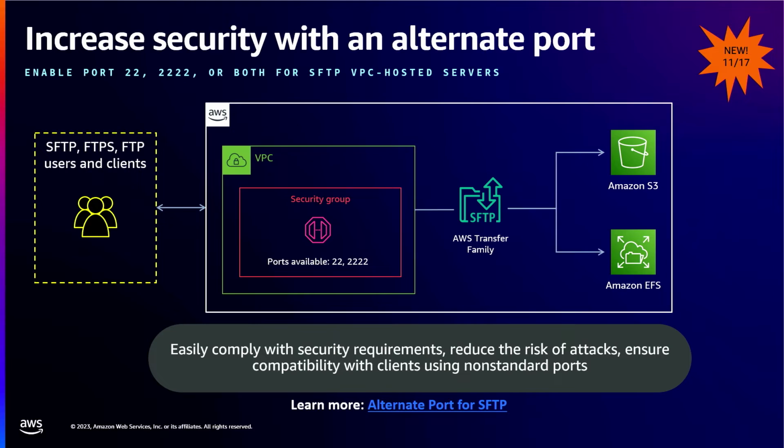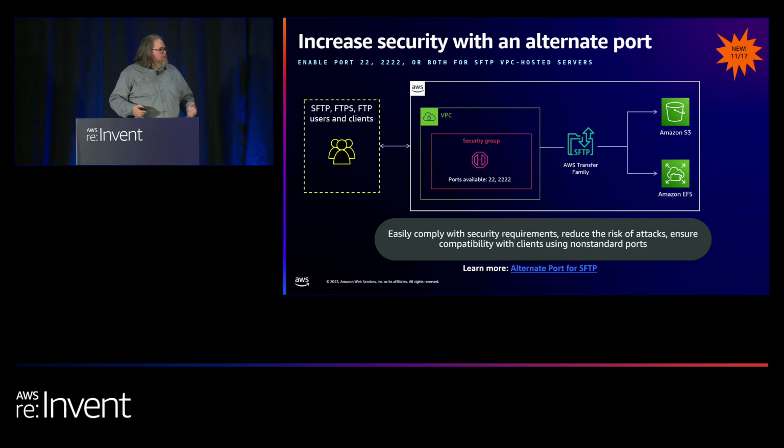So actually 2 weeks ago, we released a new feature for customers who, by regulation, and we keep encountering more customers that by regulation, are not allowed to listen over standard ports. In order to satisfy some sort of compliance or regulation, they need to be able to listen over a non-standard port. So we launched 2 weeks ago the ability for a VPC hosted server to listen over port 2222 or port 22 or both.